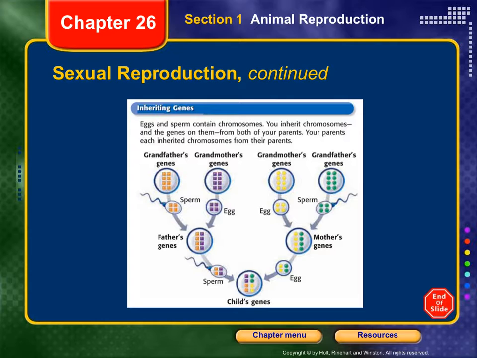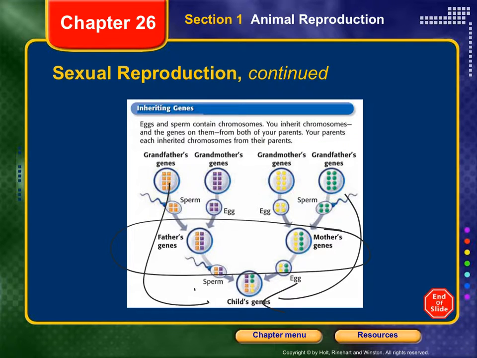Sometimes a generation will carry some genes but not express them. So they might carry something for eye color that they don't actually have, but then they could send those down to their children and it would skip.